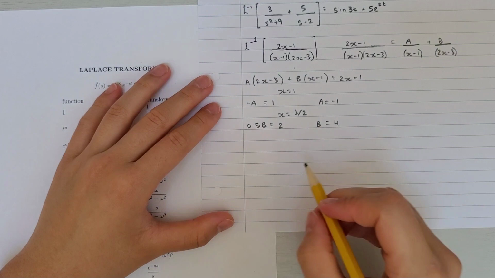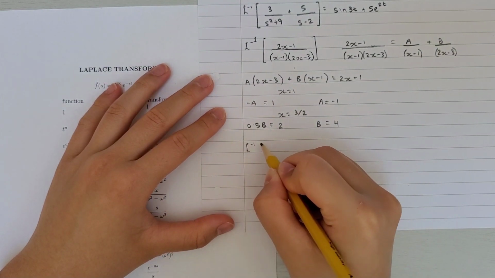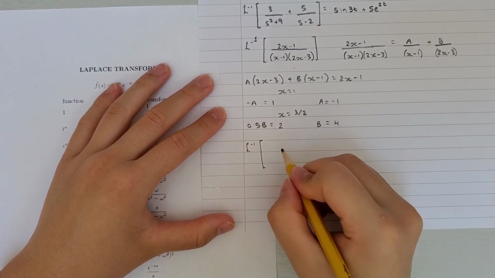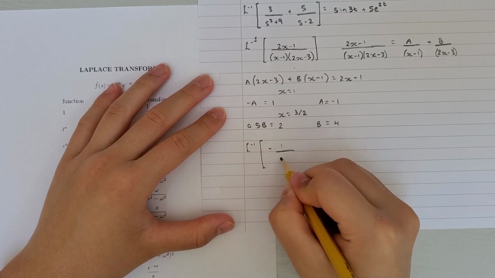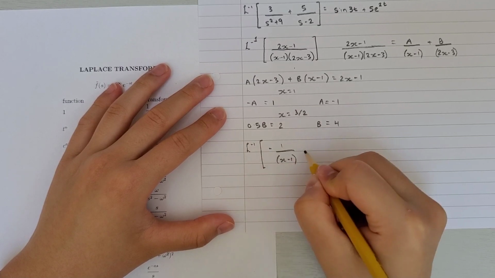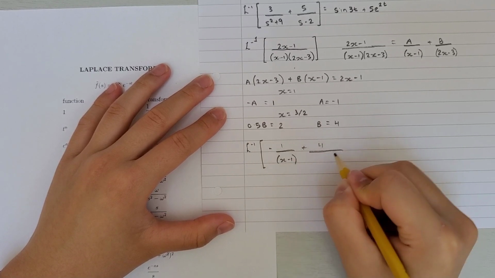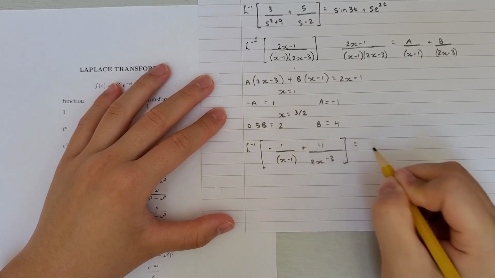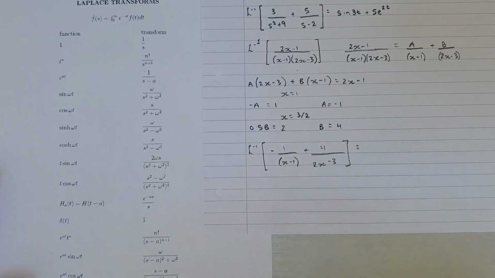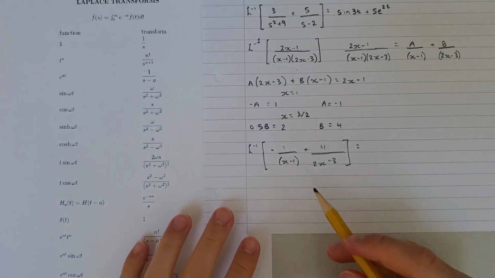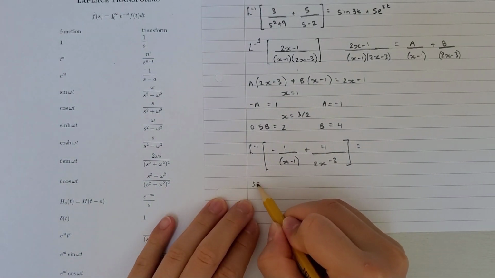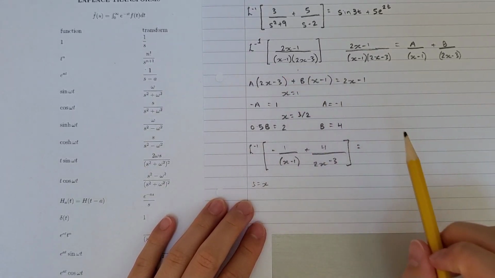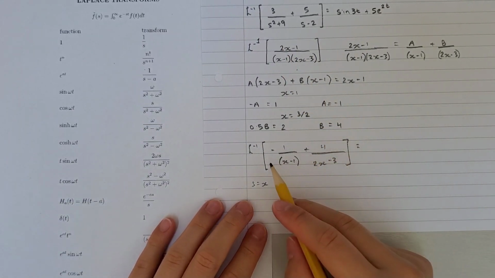So we want to find the inverse Laplace transform of minus 1 over x minus 1 plus 4 over 2x minus 3. Looking at the table, in this case s would equal x. Sorry, I must have written x's instead of s's.